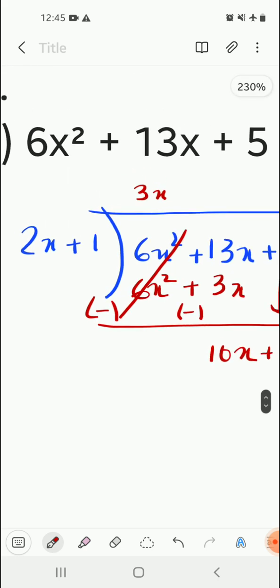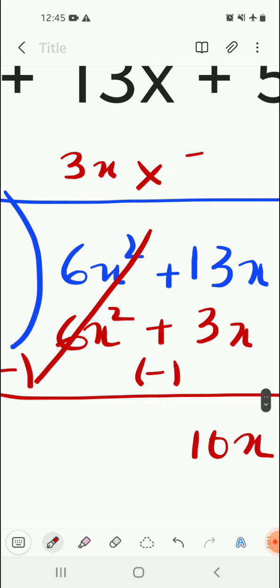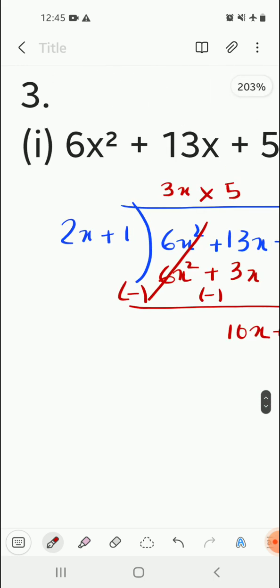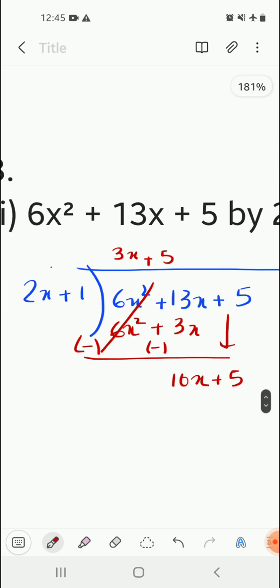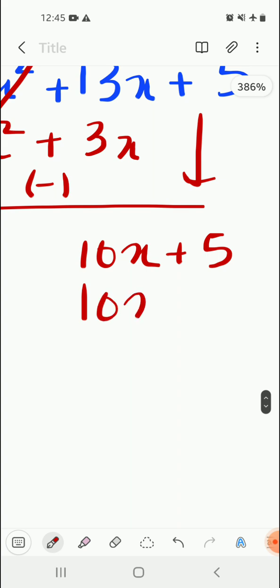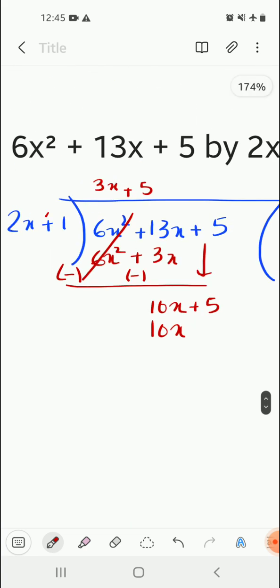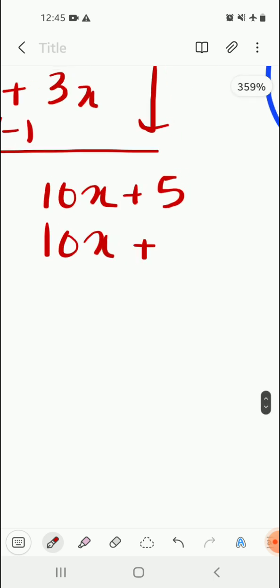Now, 2 into 5 is 10. So we are going to write plus 5 because we need a positive number. So 2x into plus 5 we get 10x, and plus 1 into plus 5 is automatically plus 5. So we write it here.